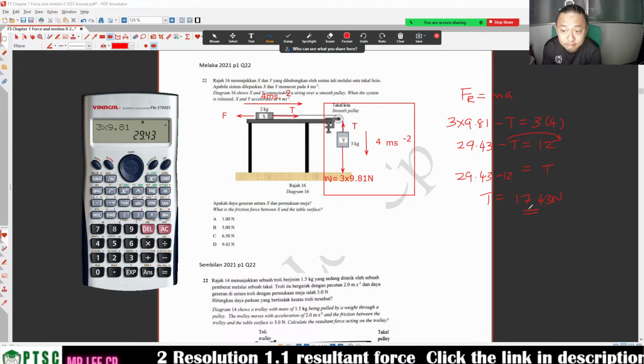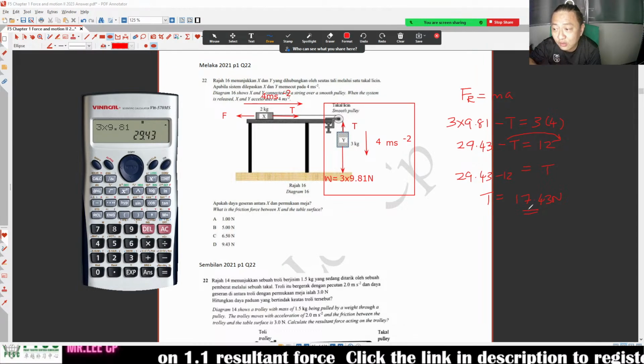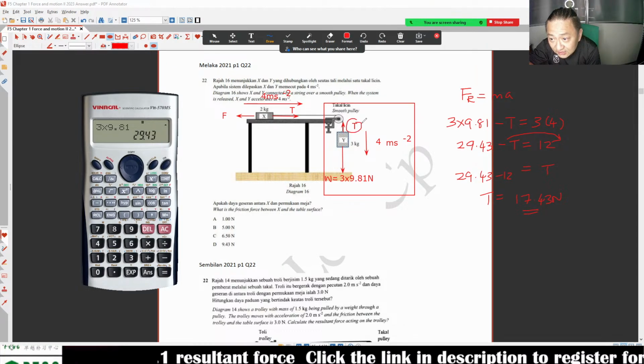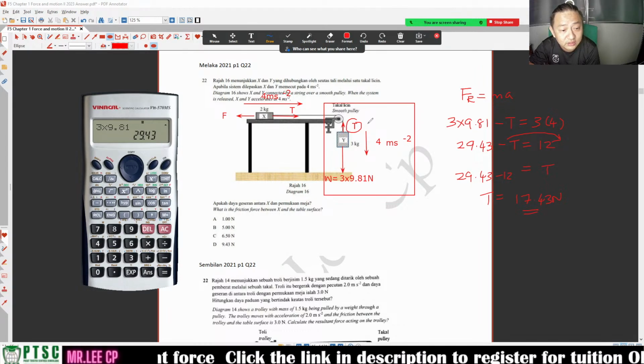But they are asking for the frictional force. We have found this T. It is 19.43?